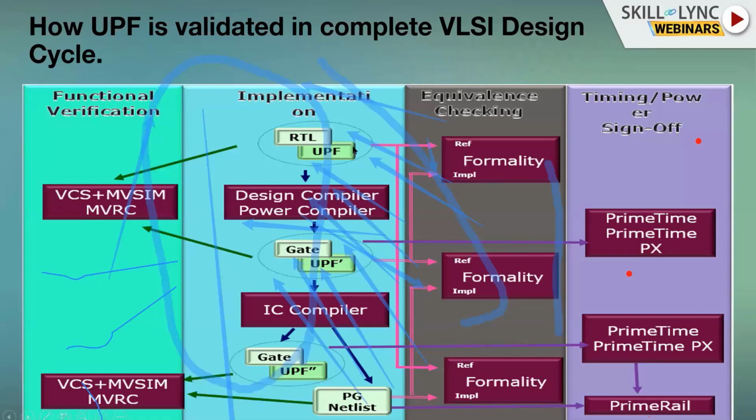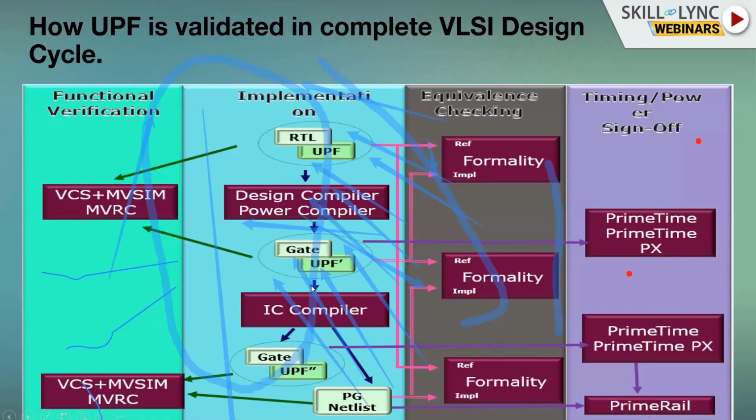Then we also run Formality to check what we have with respect to RTL versus what we have with respect to the Design Compiler synthesized netlist. Design Compiler just converts your RTL to gate level, and it creates a gate-level netlist and a gate-level UPF file. These two are fed into Formality to check whether they are equivalent. And we can still run gate-level simulation with the same tools as in functional verification.